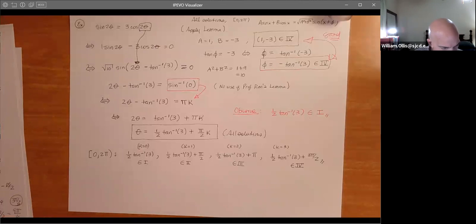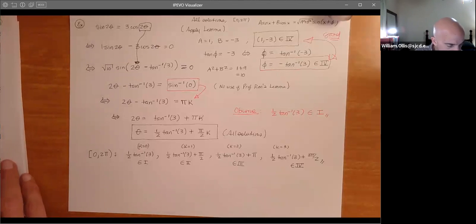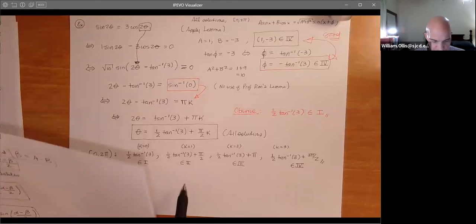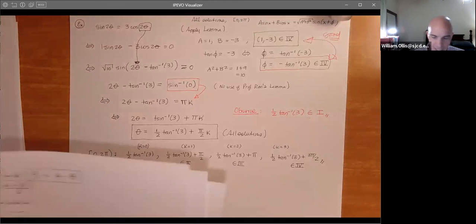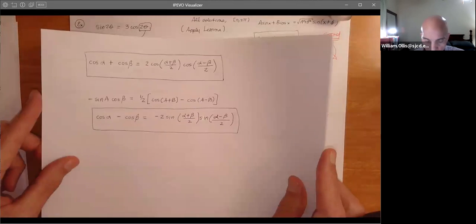I want to do one last example that utilizes one of our identities, and it's not hard, it's easy, but we spent some time with some sum to product, and that was the very last thing, and you thought, my goodness, Professor Ron, I'll never remember these. And I'm not asking you to. These you need to put on note cards.